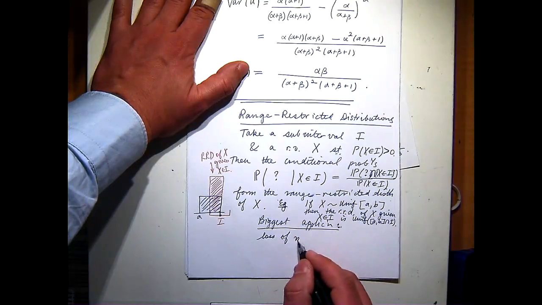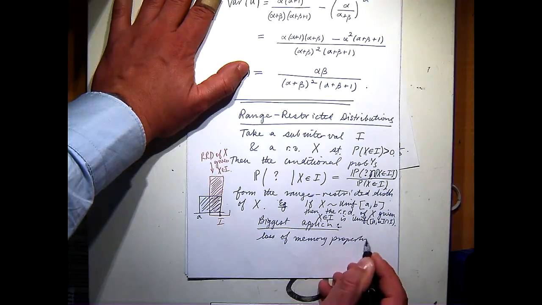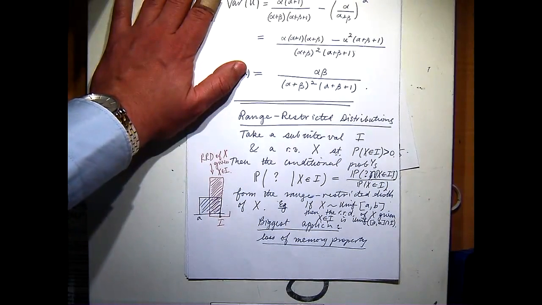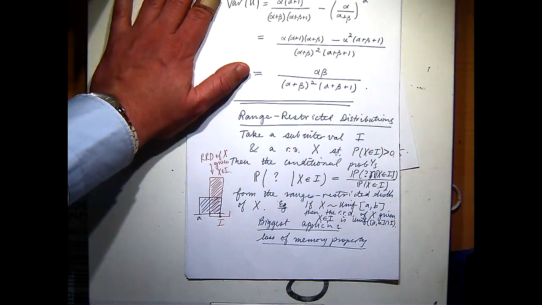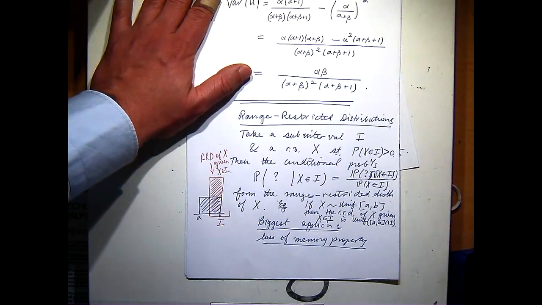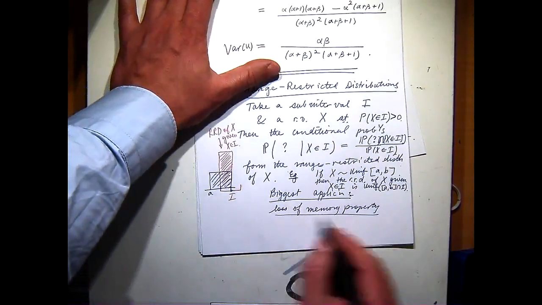We talked about this kind of in the context of distributions that had a density. It had to be exponential. Sorry. It turns out you can have a discrete loss of memory property.